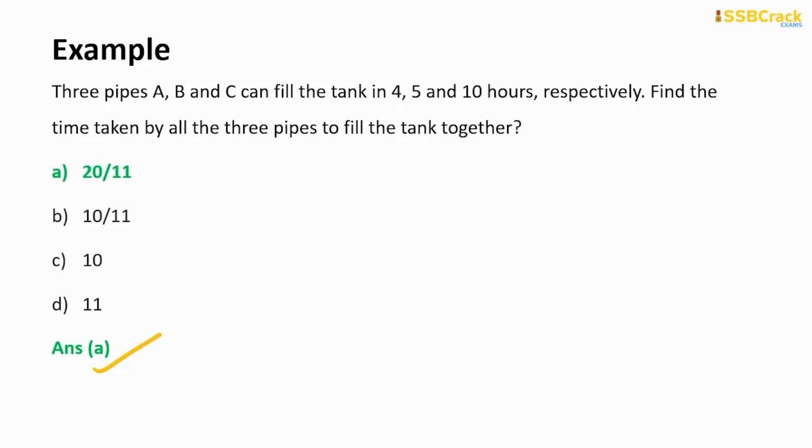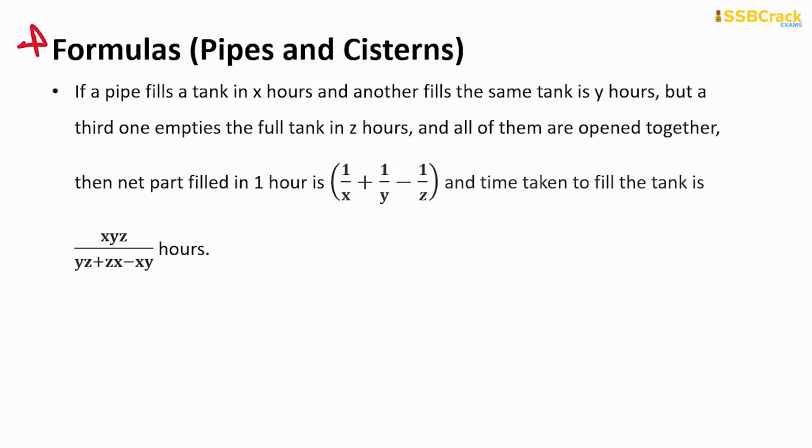Now coming upon to the next important formula of your pipe and cistern topic. So this is somewhat related to the previous one only, but in this case we have taken an outlet pipe in the case of 3 pipes, right? So let's discuss.